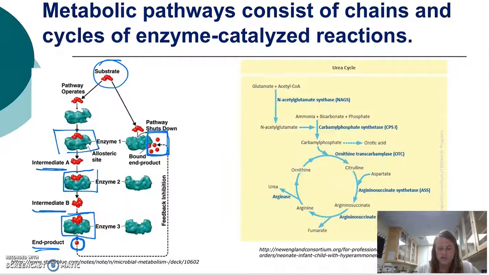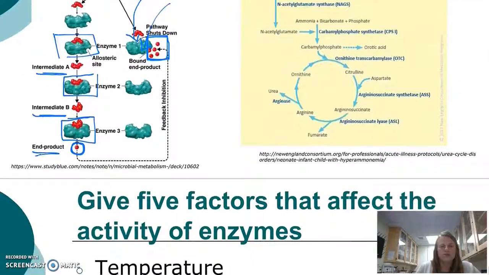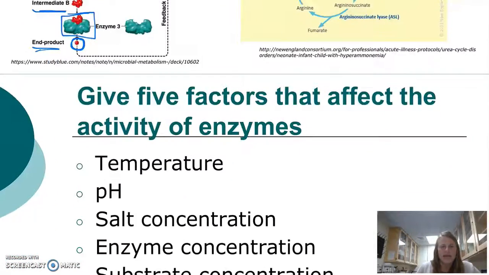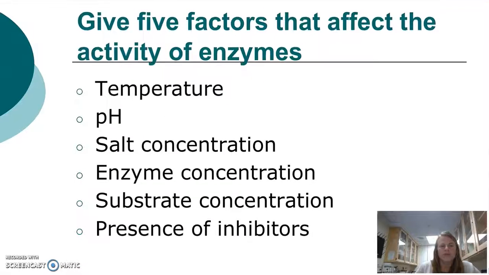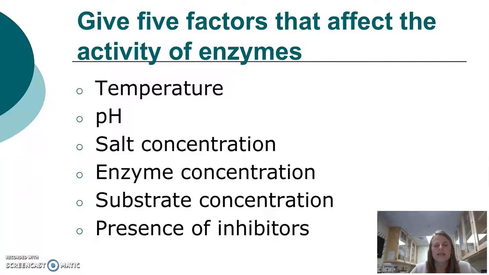Well, the end product is going to bind to an allosteric site in an enzyme, thus changing the active site, and now my substrate can no longer bind to that enzyme, and the end product is no longer going to be produced. So if we're talking about enzymes, we went through some factors that affect enzyme activity: temperature, pH, salt concentration, enzyme concentration, substrate concentration, and now the presence of inhibitors.